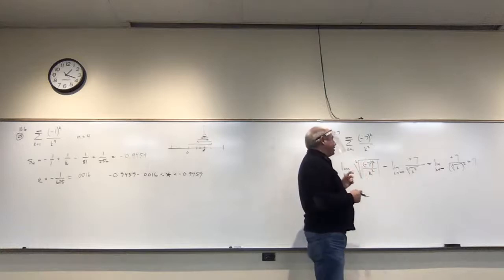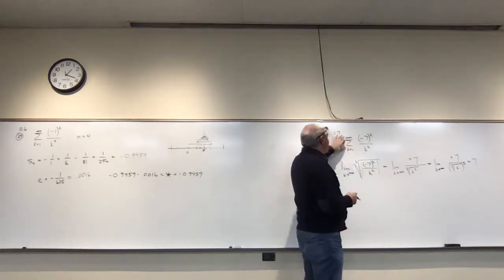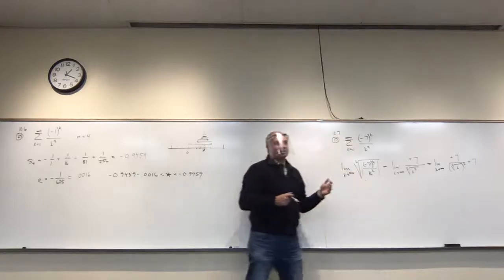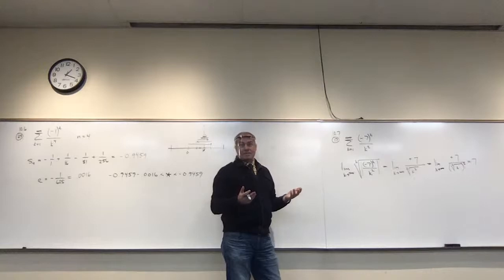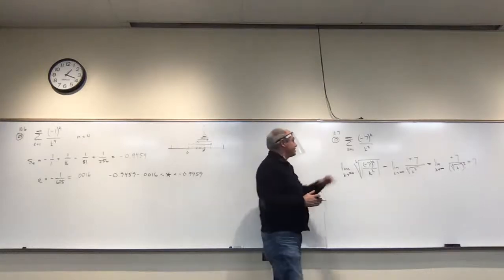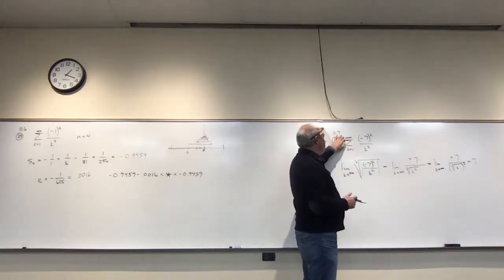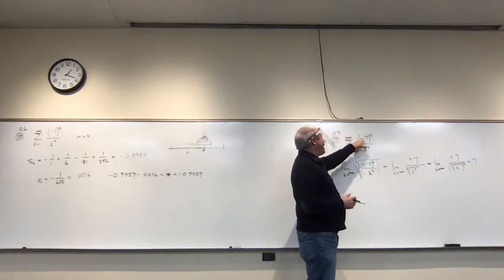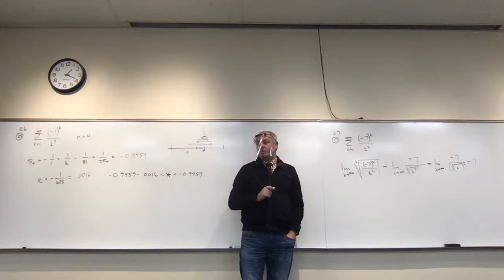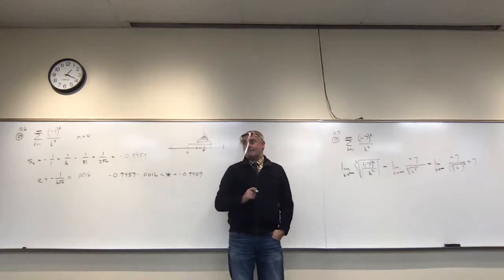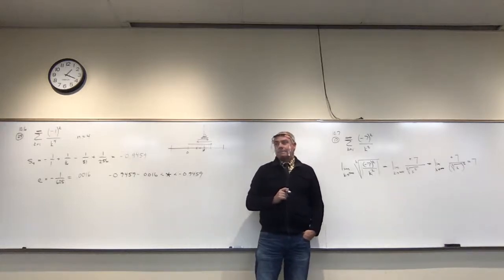That doesn't mean that it doesn't converge. But now that I know that it doesn't converge absolutely, I could use something like the alternating series test on it to see, does this thing converge or diverge when it has the negative in there? Question? Kind of, yeah. So the question asks if it converges absolutely or diverges.